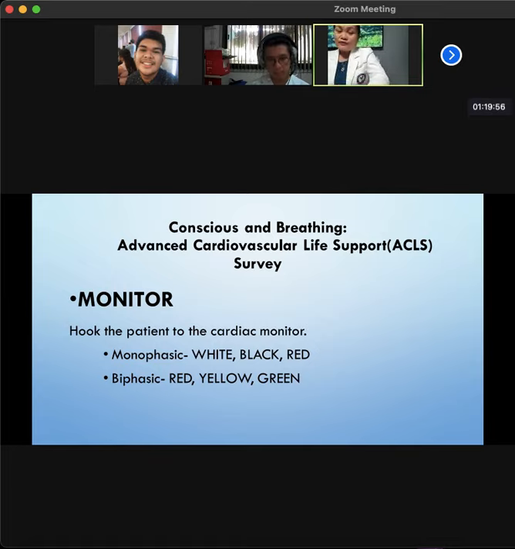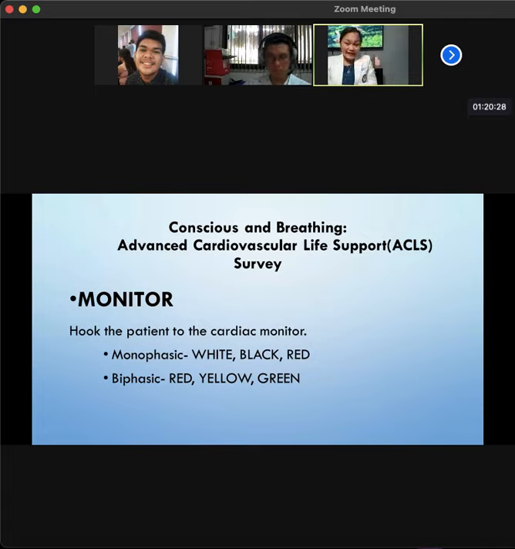Green, dito. Or just remember, for monophasic, if you have fire, red, you have two smokes, the white at the right, black at the left. Okay, for biphasic, you have a plant, the green leaves, and you have two flowers, which are the red for the right and the yellow flower at the left.